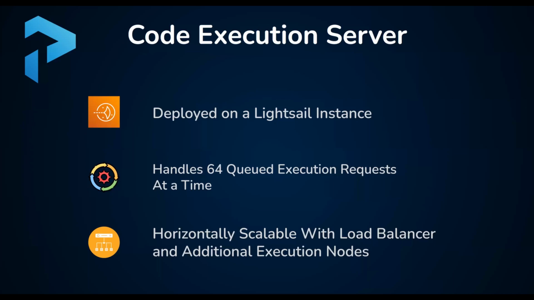Based on our current and anticipated usage of Umbra, which is right now anywhere from 10 to 200 concurrent users, this limit facilitates a good user experience with no noticeable impact to performance across that range. Should we need to scale that server up in the future, we're in a good position to do so. To horizontally scale, we would start by creating additional code execution nodes and employ a load balancer to route traffic between them with no need for shared state across those nodes.